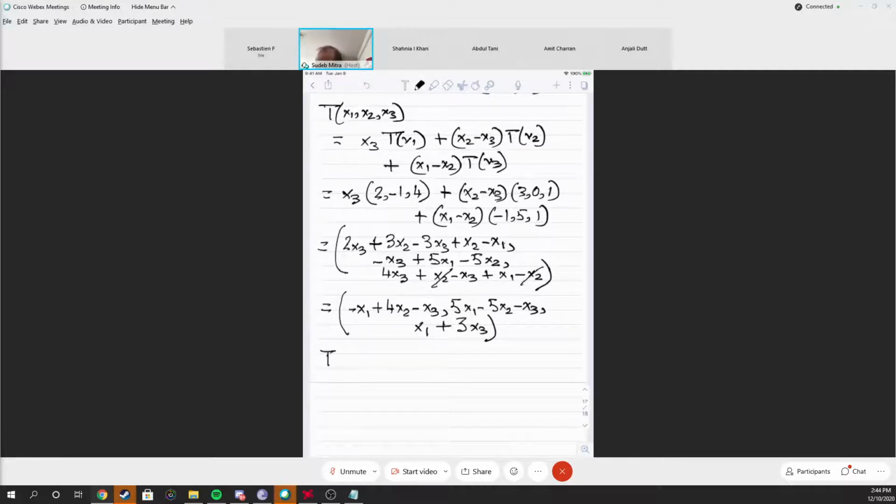So T of (2, 4, minus 1) will be minus 2 plus 16 minus 1 plus 1. 10 minus 20 minus 1 plus 1. 2 minus 3. So that is 17 minus 2, 15.